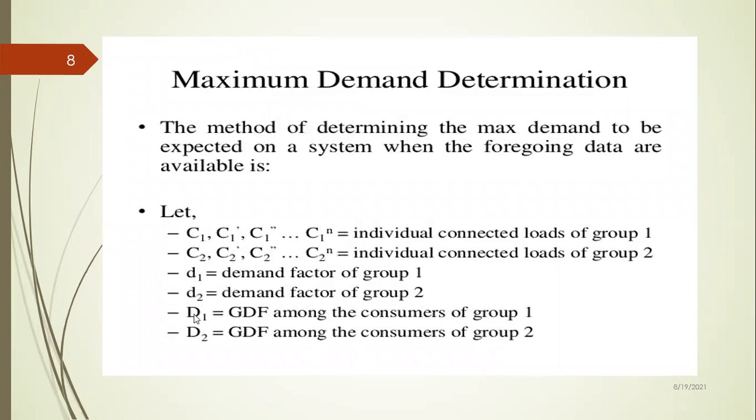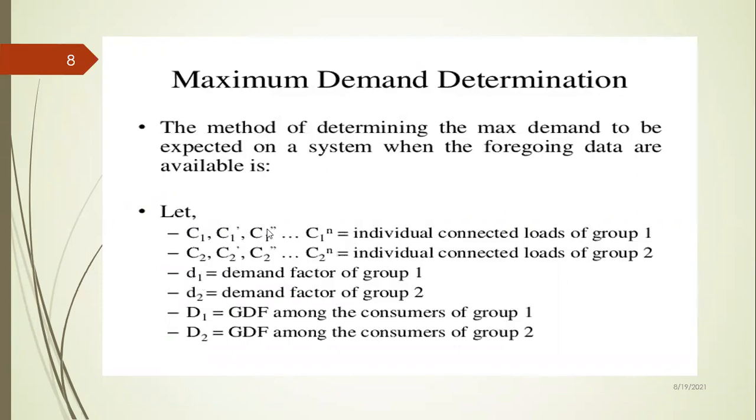Now capital D1 is the group diversity factor among the consumers of group 1. Okay, and capital D2 is the group diversity factor among the consumers of group 2. Okay, and these demand factors are also individual. Like for C1 connected load, the demand factor is D1. For C1 dash connected load, the demand factor is D1 dash.